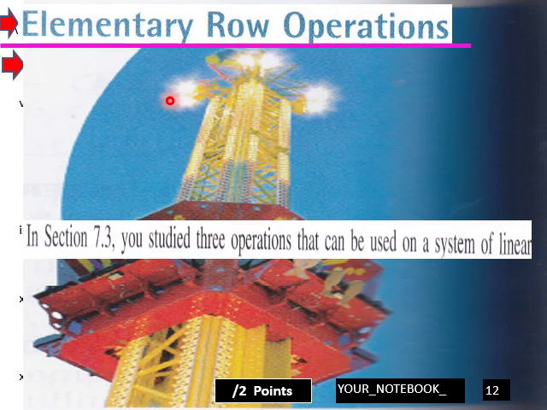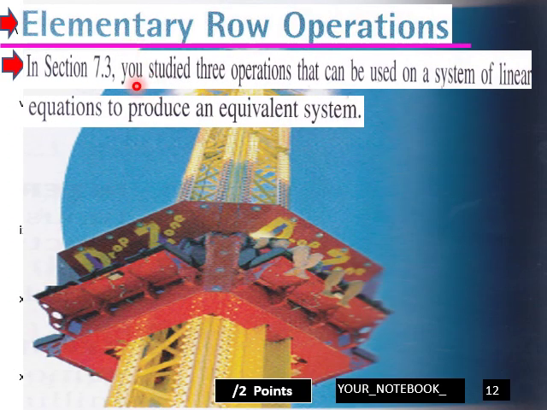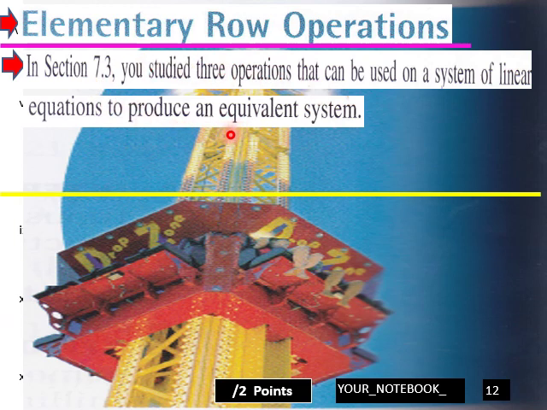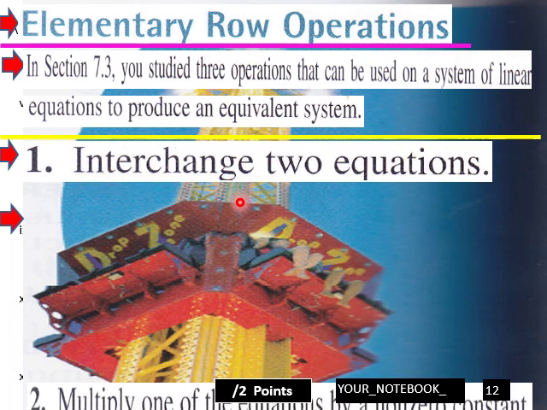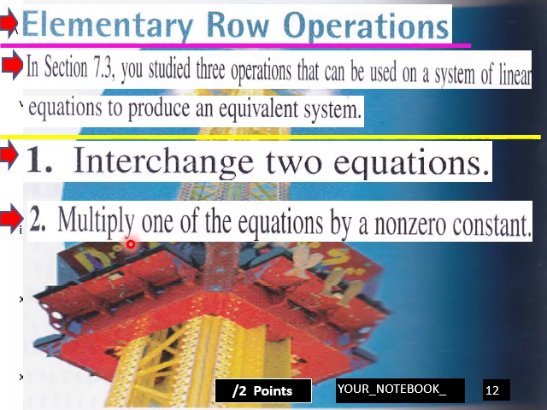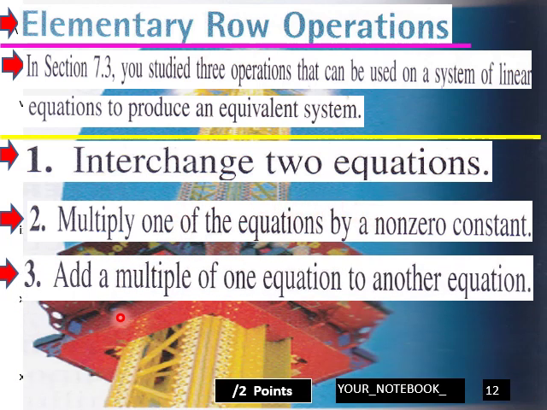Elementary row operations. So in section 7.3, you study 3 operations that can be used on a system of linear equations to produce an equivalent system. So 1, interchange 2 equations. 2, multiply one of the equations by a non-zero constant. And then 3, add a multiple of one equation to another equation.